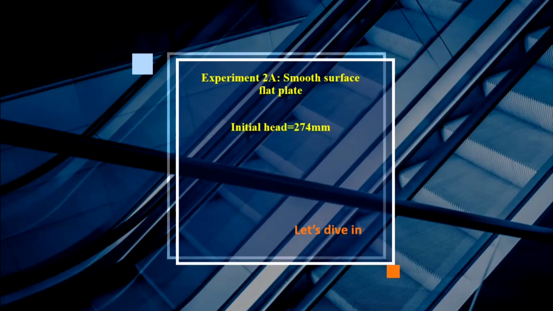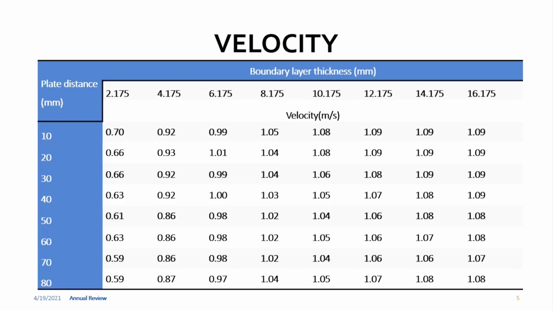Experiment 2A is the smooth surface flat plate. The initial height is given as 274 mm. From the given height data, we have found the velocity for the smooth surface flat plate. To find the velocity, we use the formula velocity equals the square root of 2g delta h.